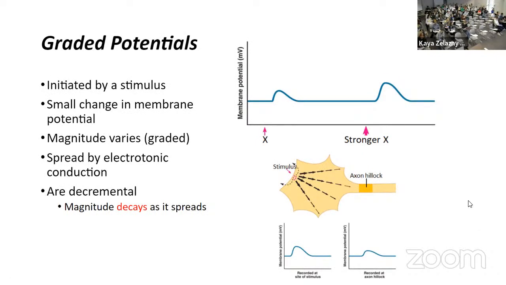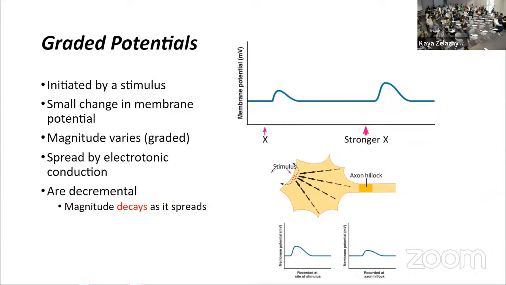Okay. Looking at where these graded potentials are happening is going to help us think about how we get to the action potential running down that axon. Each graded potential is going to be initiated by a stimulus. That was those pink arrows. So we have pink arrows, stimuli again on this figure at the top. X, one stimulus. Then we have a stronger stimulus listed as stronger X. Each of these stimuli is going to create a small change in the membrane potential, originating at the location of that stimulus.